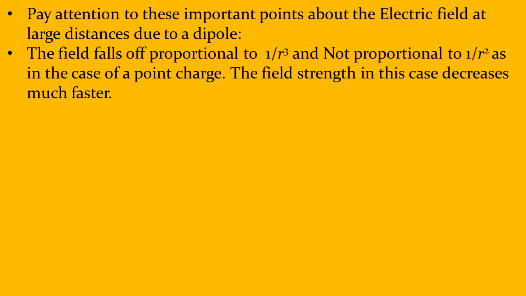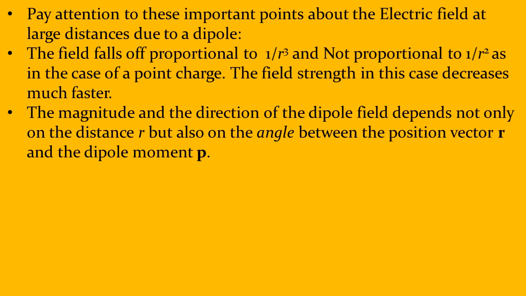So the field strength in the case of a dipole decreases much faster than in the case of a point charge. The magnitude and direction of the field due to the dipole depends not only on the distance r, but also on the angle between the position vector r and the dipole moment p.